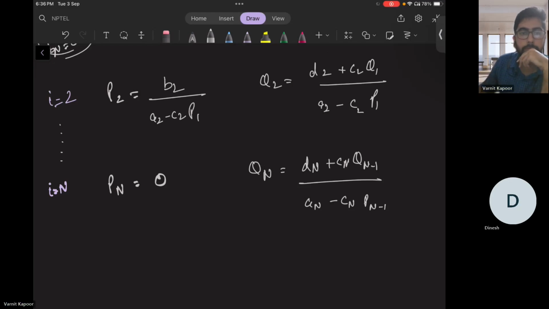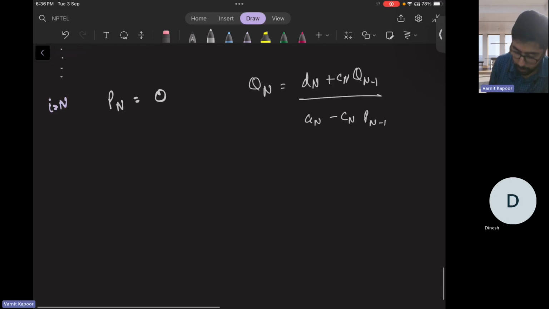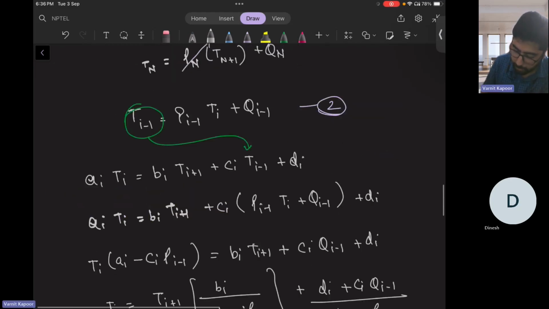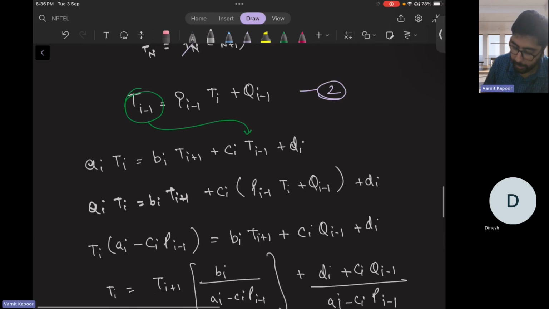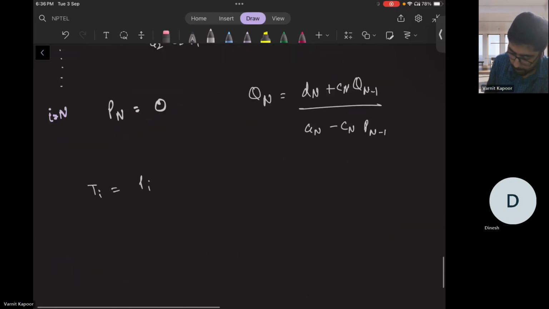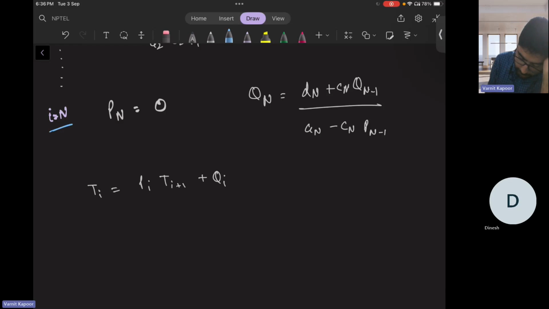Now you know that Tn is nothing but Qn because our equation is Ti equals Pi T of i plus 1 plus Qi. When you put I is equal to n here, then Tn will be Pn times T of n plus 1 plus Qn.